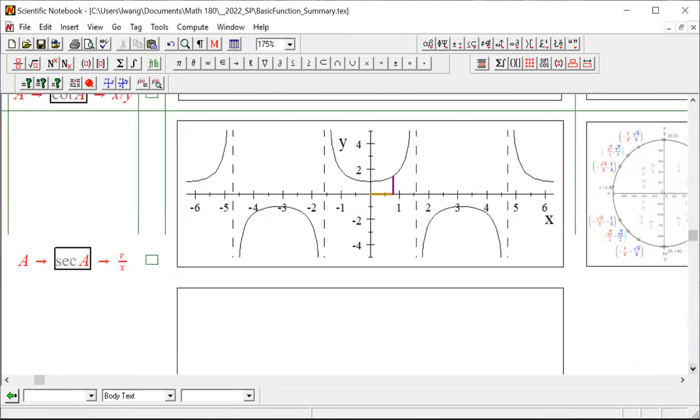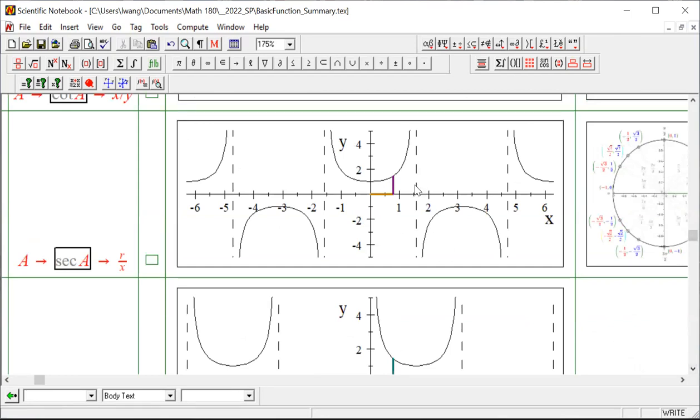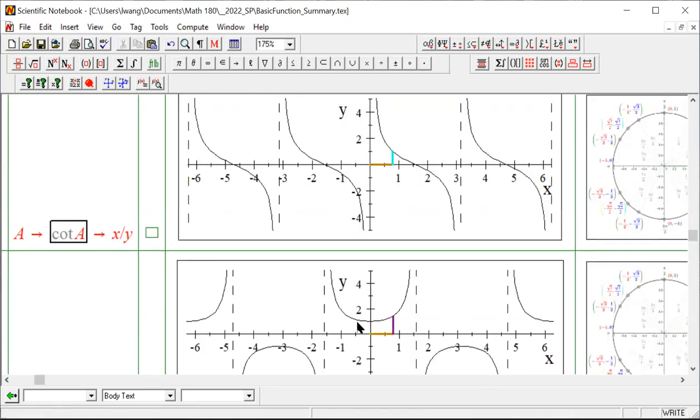For cosecant and secant, we have the curve and the meaning is the same: input is the angle, the output, or arc length, is the ratio of the specific function. For cotangent, of course, it is x over y.